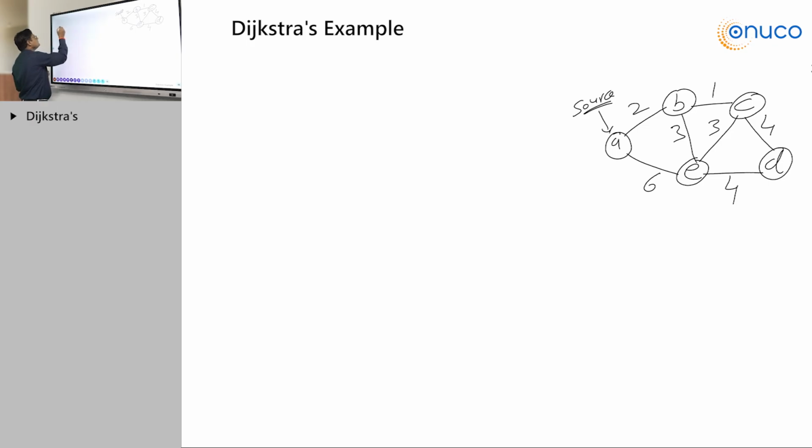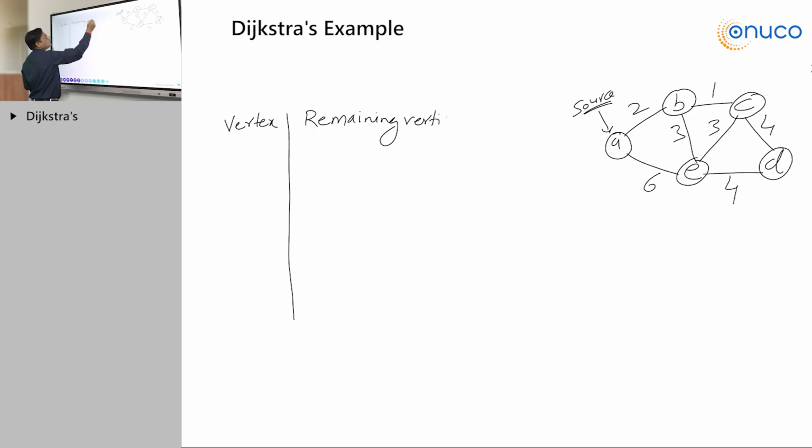Since the source vertex is already defined, here we are going to write for the destination vertex, the remaining vertices, and the last part is the illustrations.